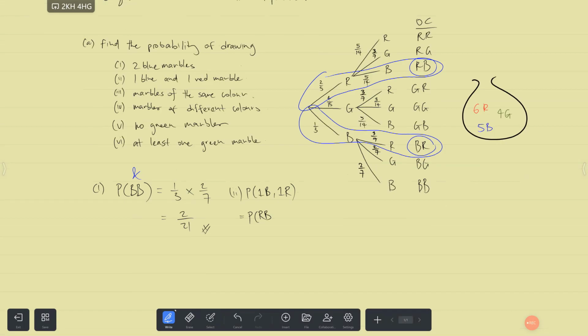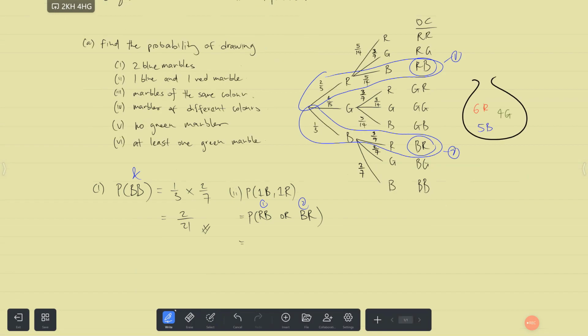And how do you list them out in the probability here? You join them with the word "or": red blue or blue red. So the first one is pathway number 1, the second is pathway number 2, and that's why we have 2 different outcomes. So let's find our red blue.